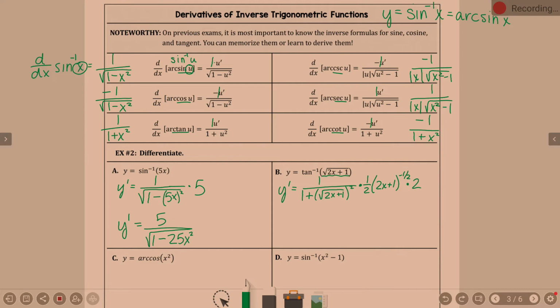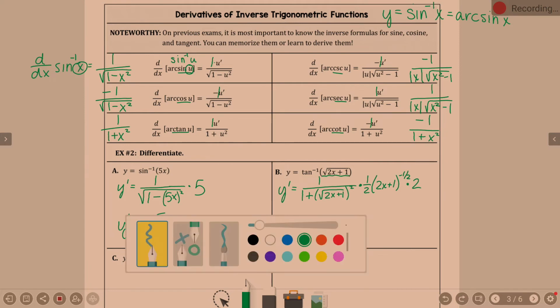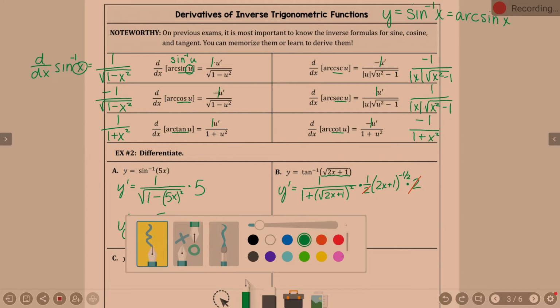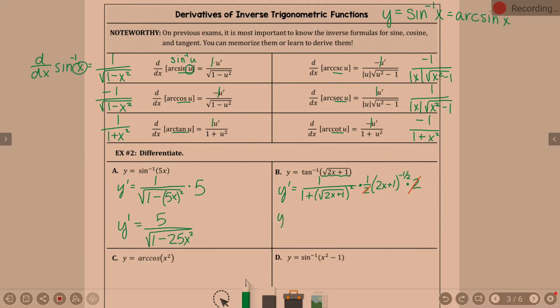Okay. Now, as we clean this up, what do you know about 1/2 times 2? Those are going to end up canceling each other out, right? Now, let's see. This is going to take a step or two. 1 over 1 plus, what about the square root of 2x plus 1 squared?